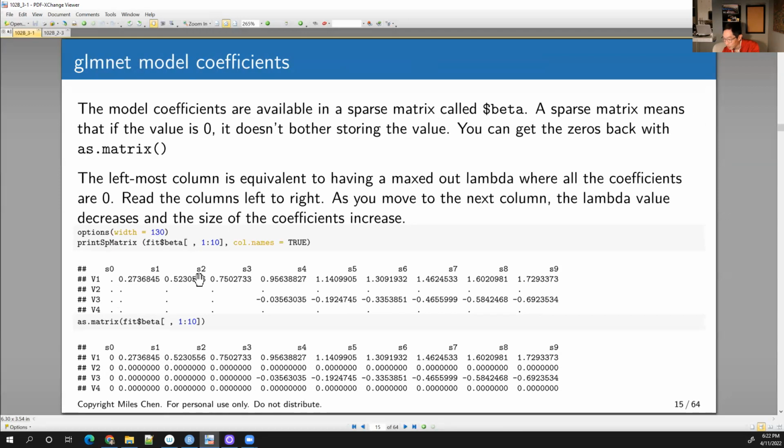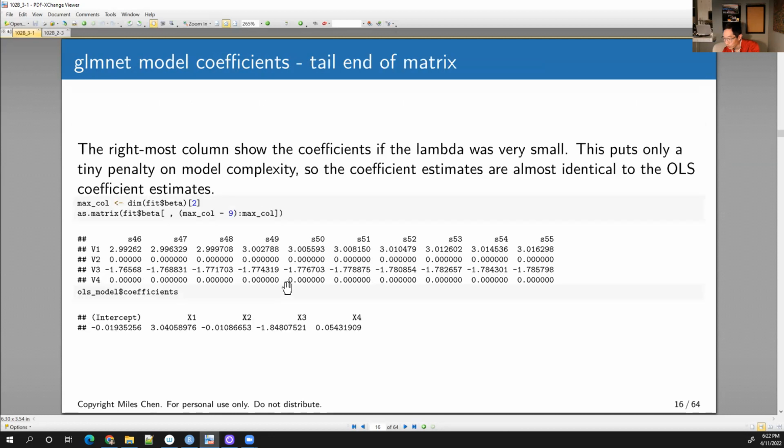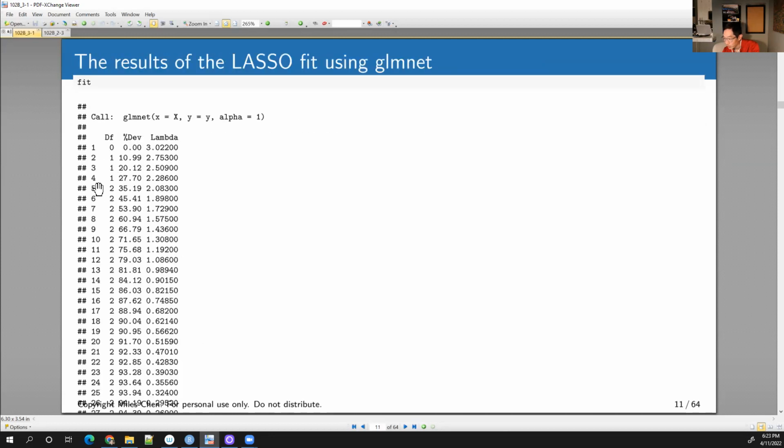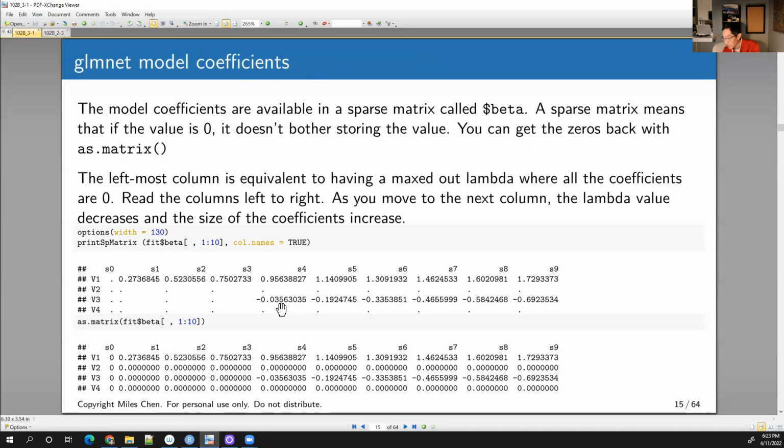And as it gets bigger and bigger, we're able to explain more. And then at S4, we now have 2 coefficients. So at the 5th model that we fit, because it starts off at 0, 0, 1, 2, 3, 4, we have 2 coefficients, and we're now able to explain 35.19%, and that's what we have.